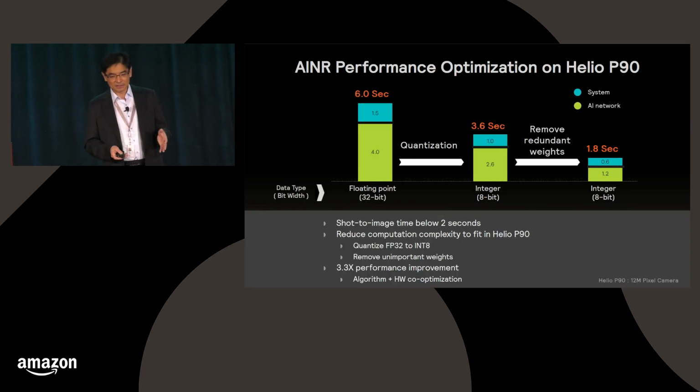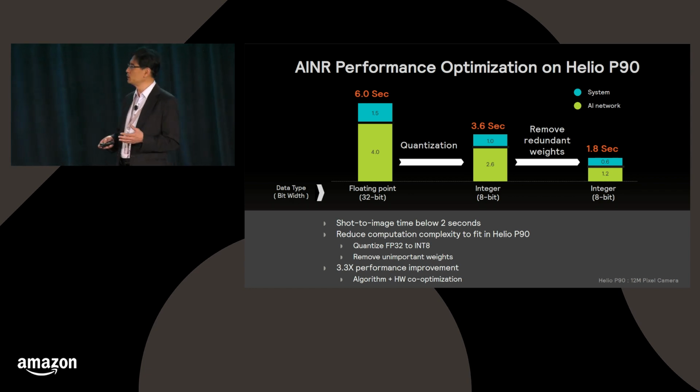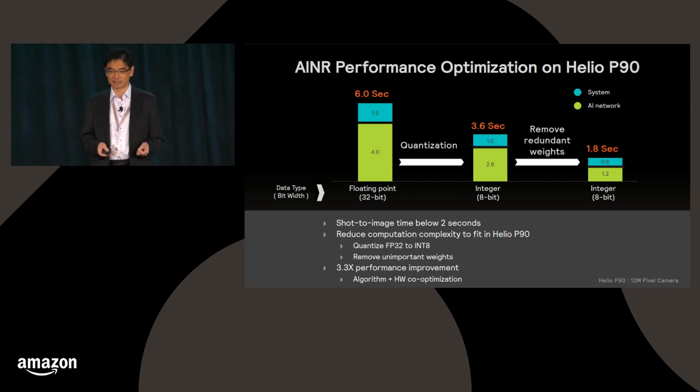Originally, with the floating 32-bit algorithm, the time takes 6 seconds. Then we apply the quantization technology to make it 8-bit integer, and the execution time is reduced by 40% to 3.6 seconds.